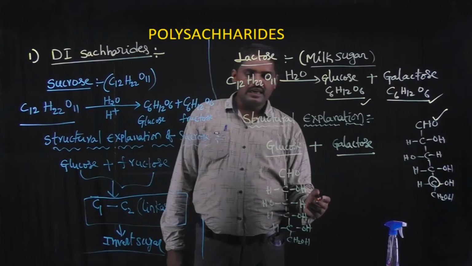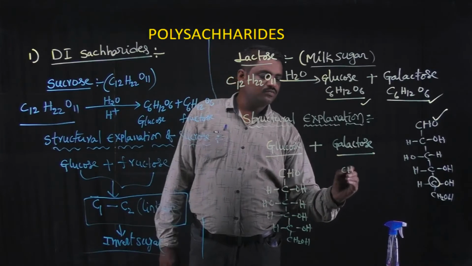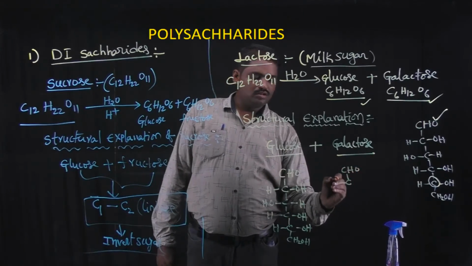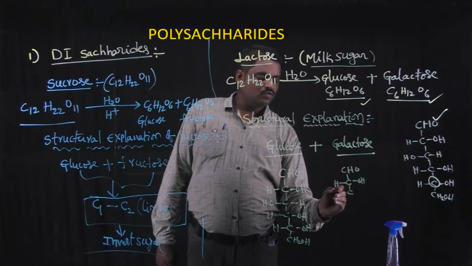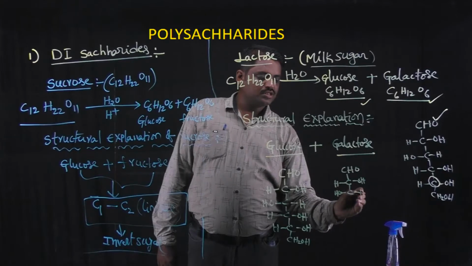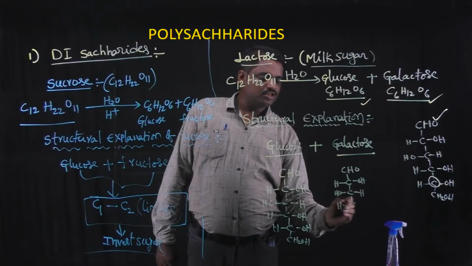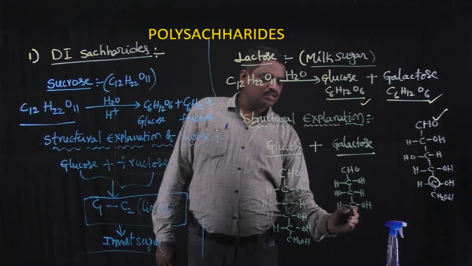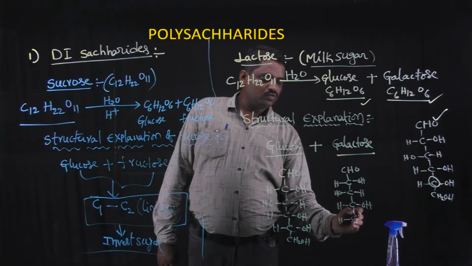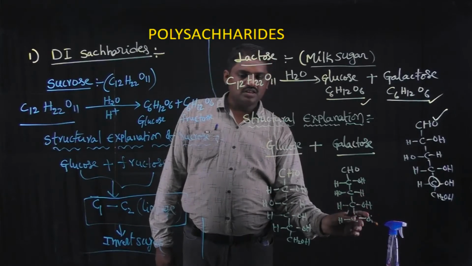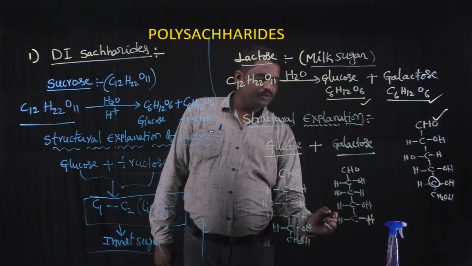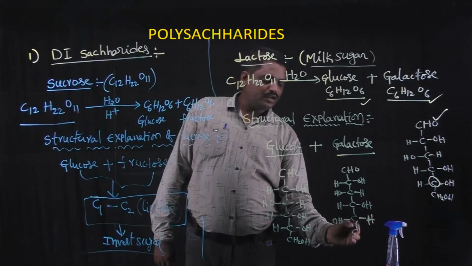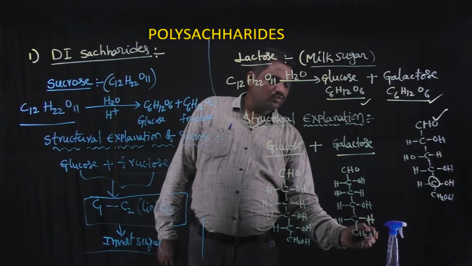And next, the galactose structure is CHO, CHOH, COH, H, CHOH, CHOH. This right hand side hydroxyl group is converted to the left hand side, and this is the CH2OH.